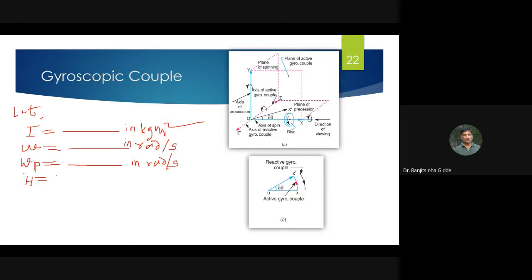And h is equal to, you can write, angular momentum. Up to this completed?